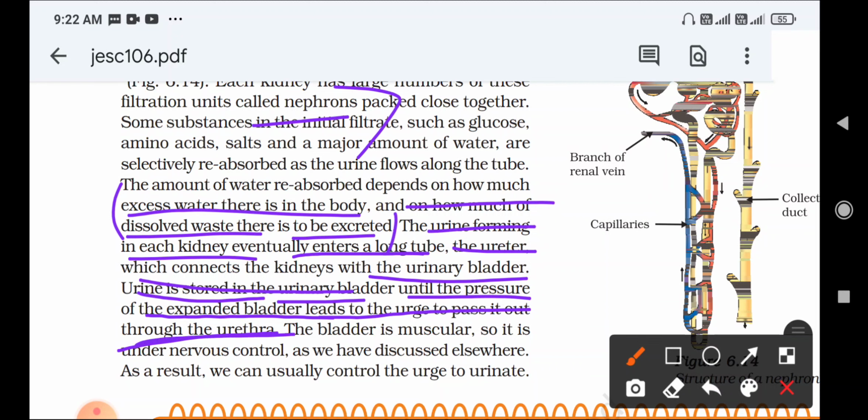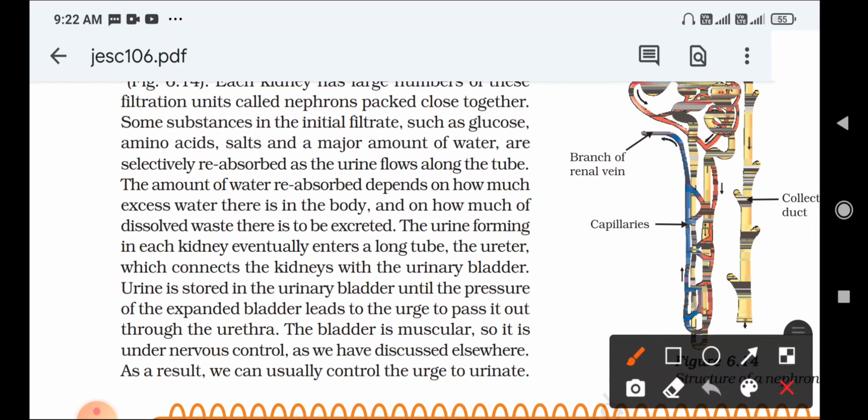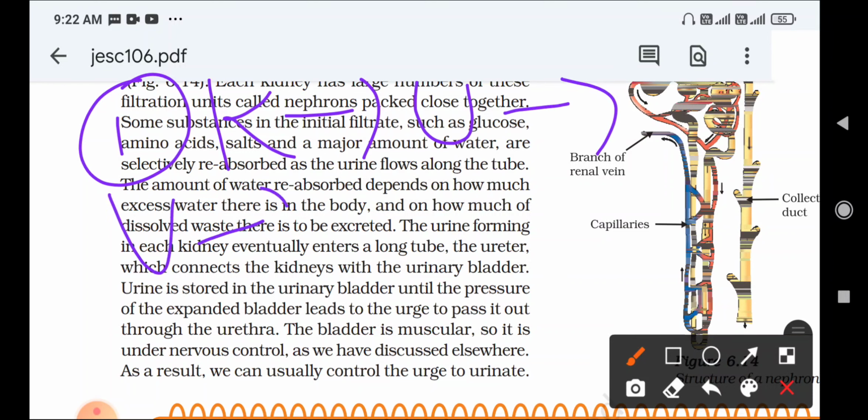First, urine is formed in the kidney. What is the procedure here? After that it passes through the ureter to the urinary bladder, and it is stored in the urinary bladder until the urge comes, when it passes through the urethra to the outside of the body.